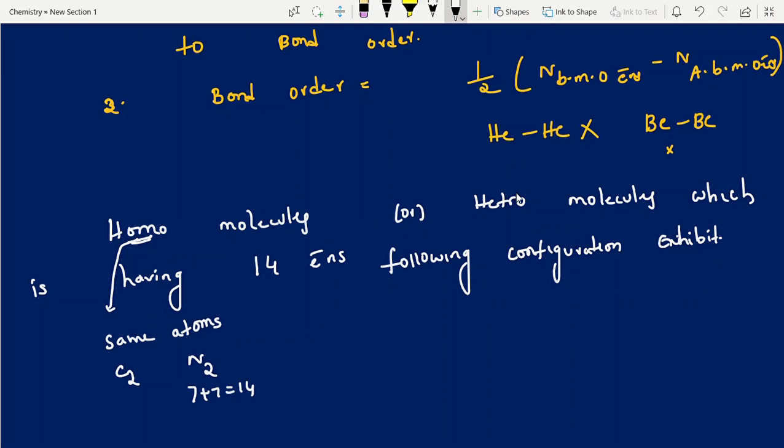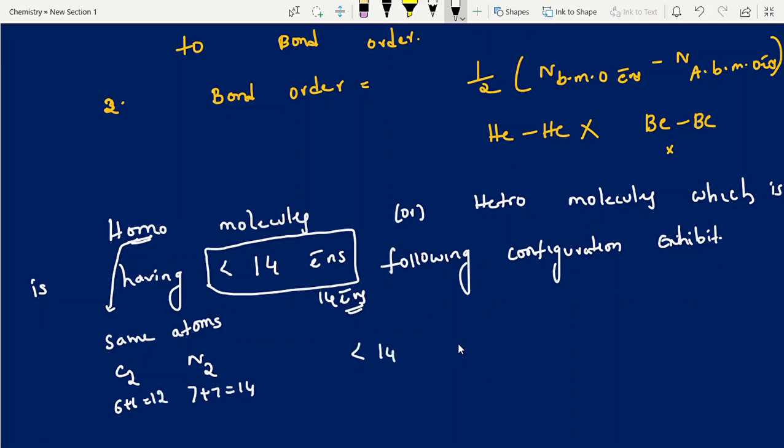Homo molecules or hetero molecules which have less than 14 electrons, or 14 electrons, please make a note: they follow this configuration. C2 molecule, 6 plus 6, 12 electrons. So less than 14 electrons, all can follow the electronic configuration I am giving to you.